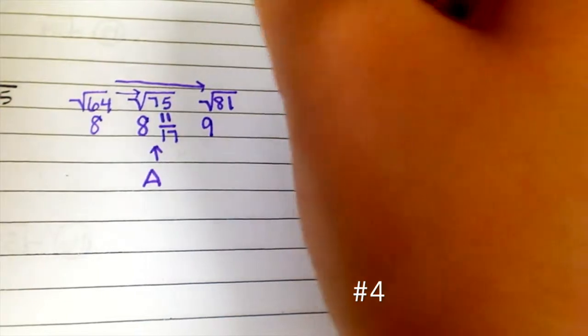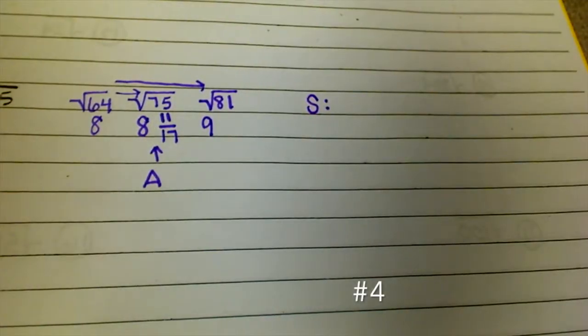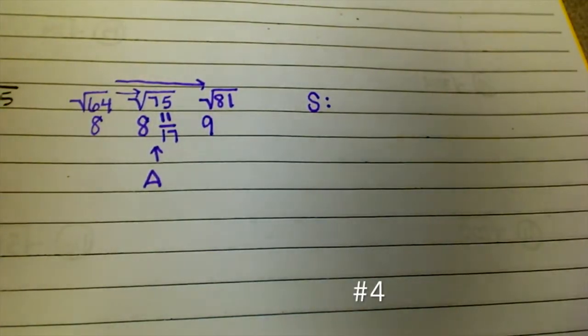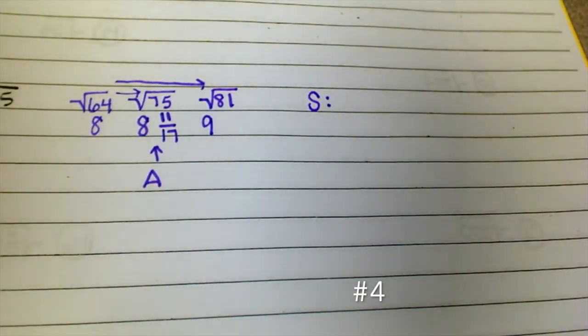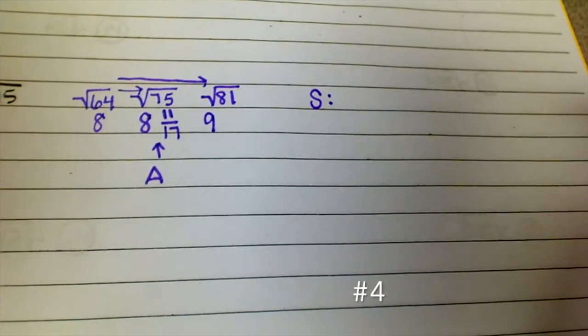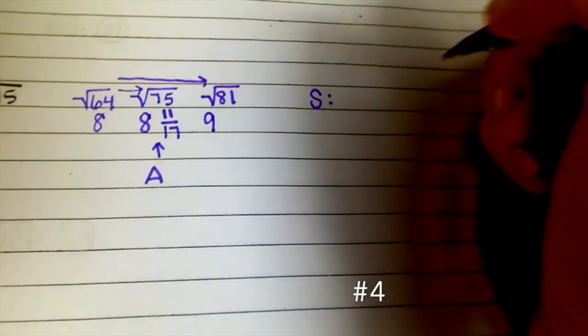Do the simplification. I'm going to write an S and a colon. We're going to simplify. Does anyone remember the first step for simplifying? It's on the page before if you want to flip back and look. List all the factors. So we need to list all of the factors of 75.